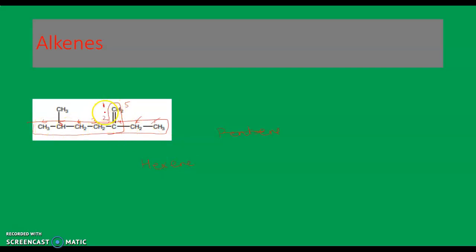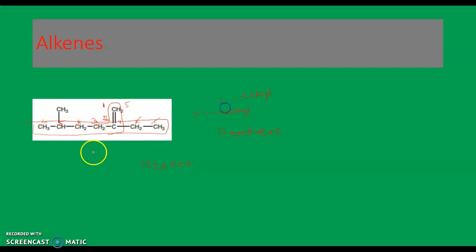Now, because I've numbered from this side, on position 2, I have got an ethyl group. And on 1, 2, 3, 4, 5, at position 5, I have got a methyl group. So at this point, I've got 1, 2, 3, 4, 5, 6.